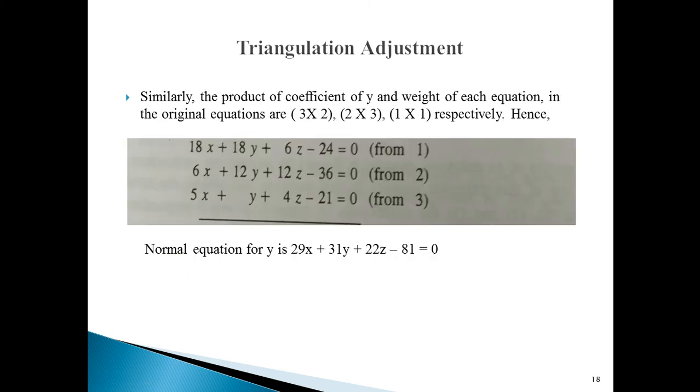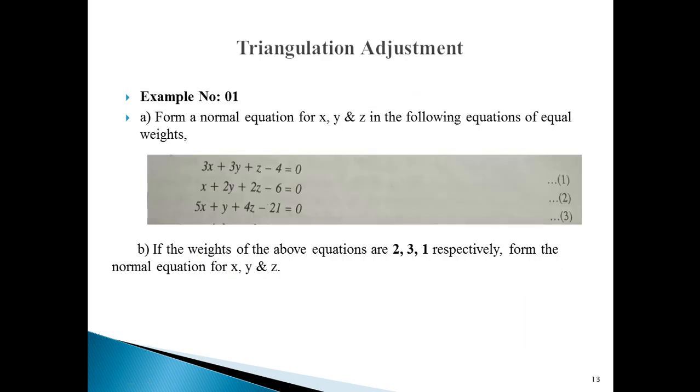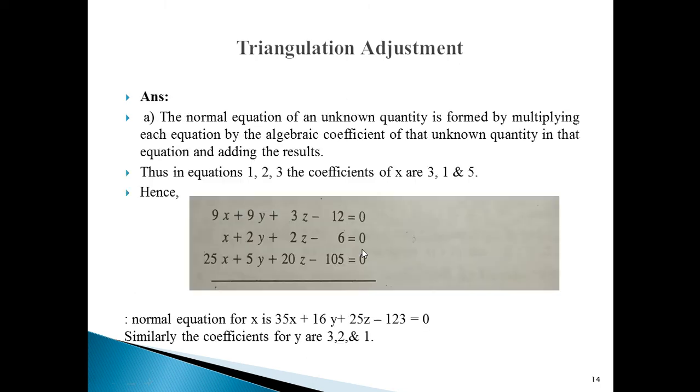Again for y, similarly we take the product of the coefficient of y and the weight of each equation. In the original equations the coefficients of y are 3, 2 and 1. So it is 3 into 2, 2 into 3 because 3 is the weight of this equation, and 1 into 1.